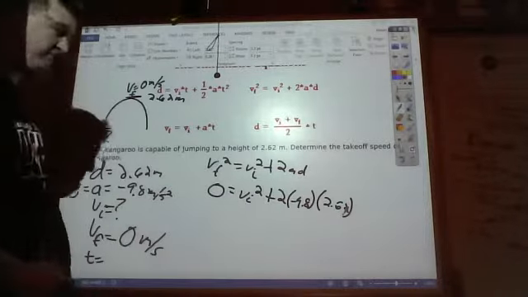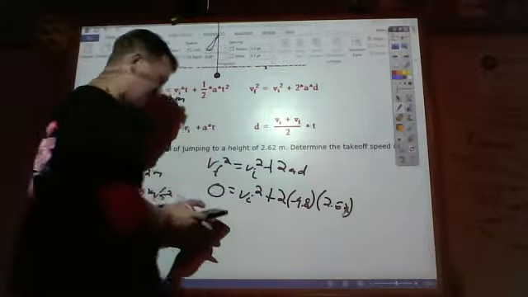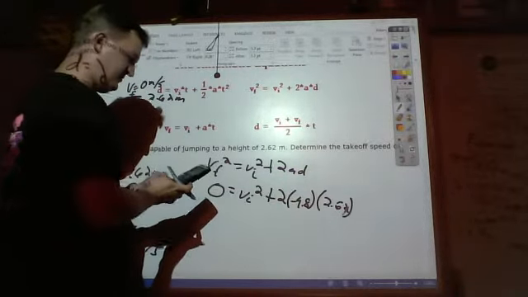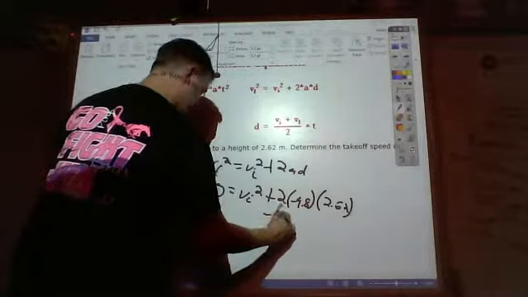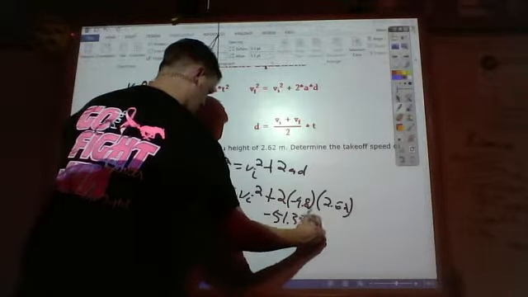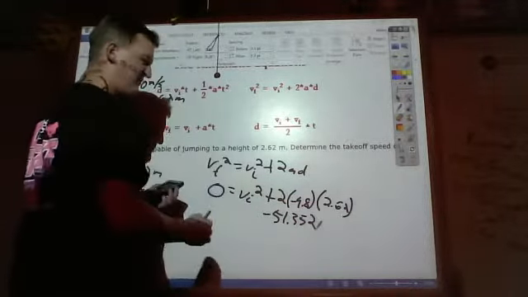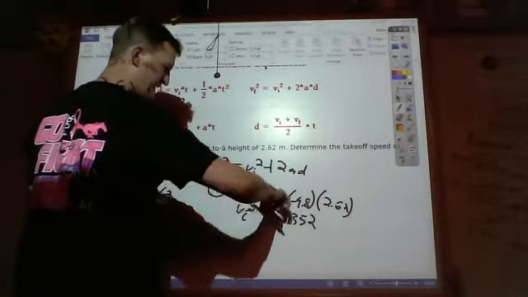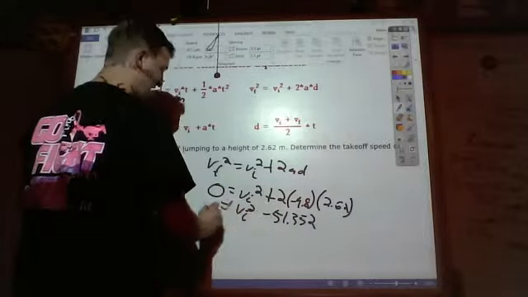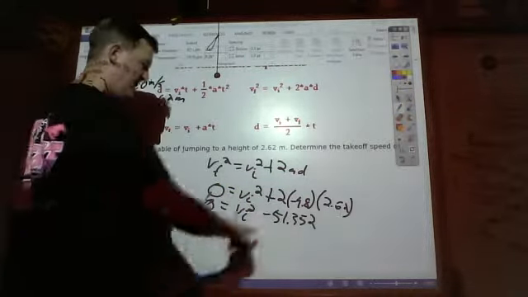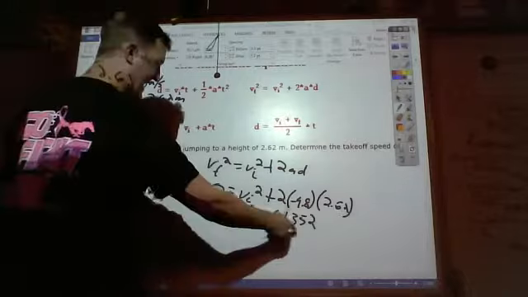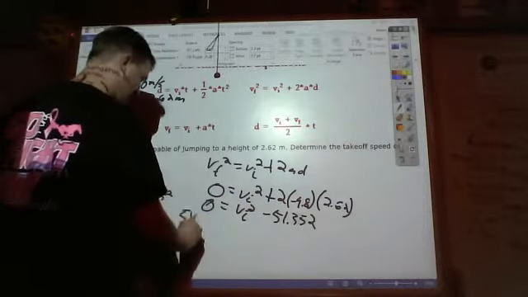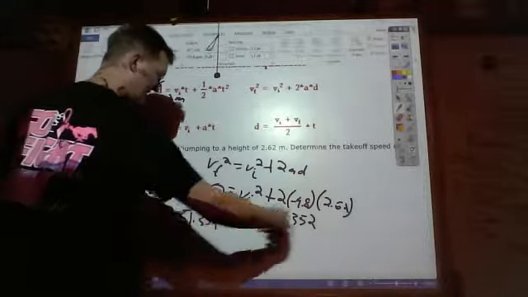So this is what I would do. I would combine these terms to get 2 times 9.8 times 2.62, and this would turn into negative 51.352, and ultimately when it turns into a negative, that becomes subtract, and we get left with a 0. Now I can move to the other side. I can add 51.352 to the other side, and then that cancels out.